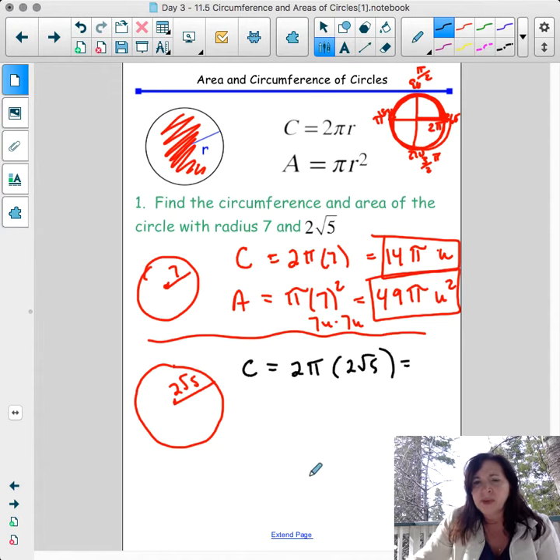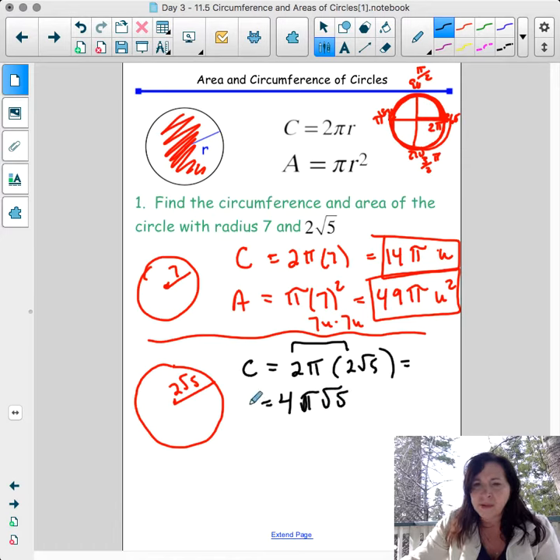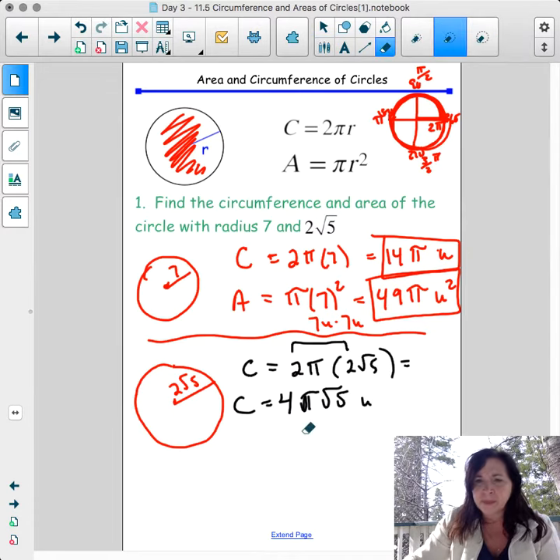Something to remember is that your numbers get multiplied with numbers, so 2 gets multiplied by 2. So that's going to be 4 pi root 5, and that's my circumference, and that's units.